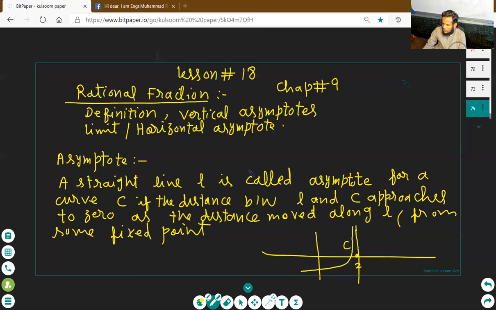So this line L is called the asymptote of this curve. Clear? When we move along the line and the distance between L and C becomes zero, then we say this line L is called the asymptote.